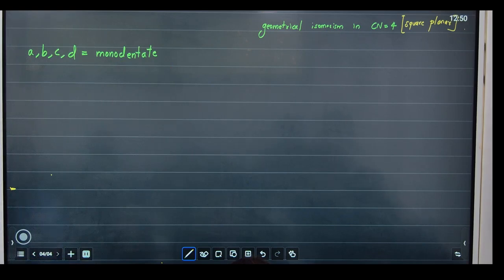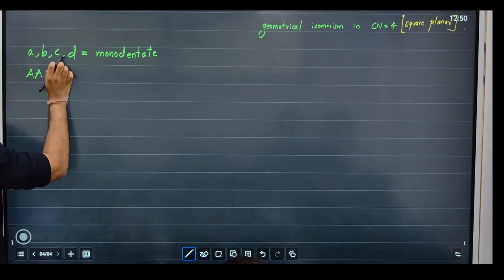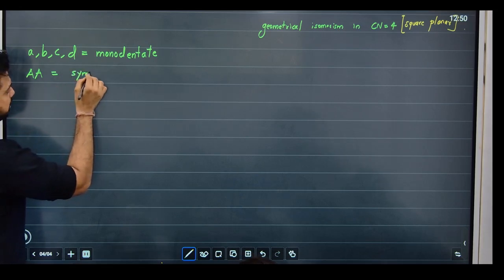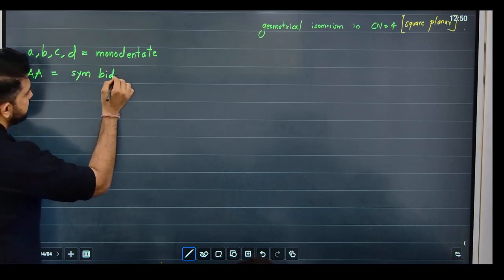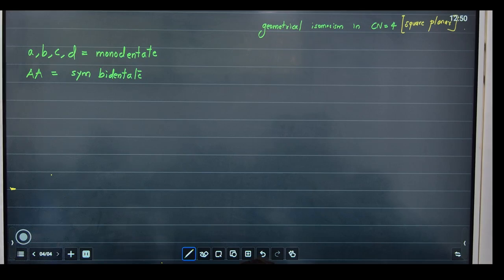So if I write छोटू a, छोटू b, छोटू c और छोटू d, that is monodentate. If we write capital AA, then this is symmetrical bidentate. What do you mean by symmetrical bidentate? Both the donor atoms are same.